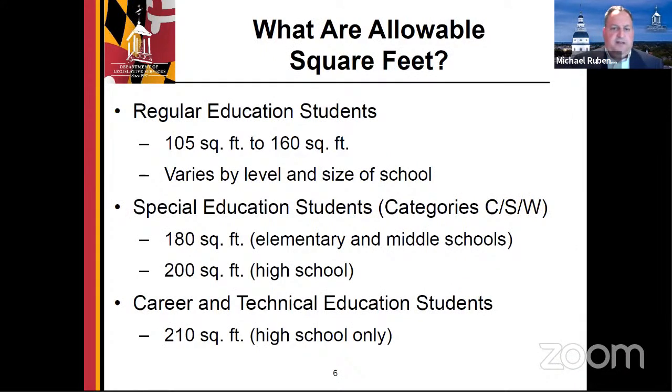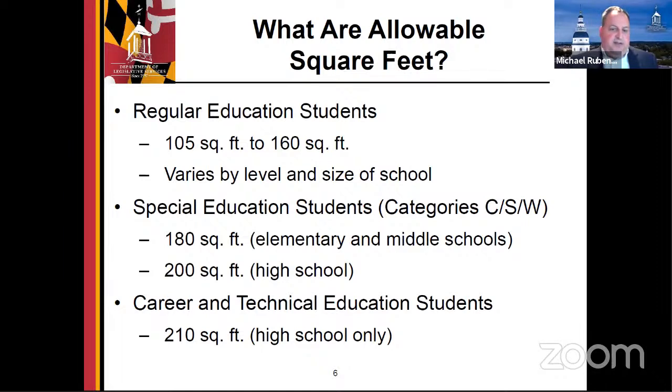The allowable square feet that we talked about, these are the amounts approved by the IAC at their meeting in 2019. And these are actually not subject to any dispute. The LEAs are quite happy with them in most cases, and you'll see why in a little bit on the next few slides. But you see that it varies. There's one amount for regular education students that ranges from 105 to 160 square feet, which varies by level of school and the size of the school.